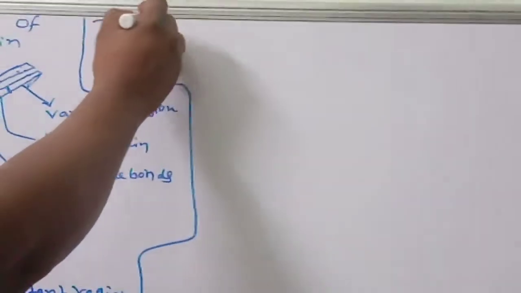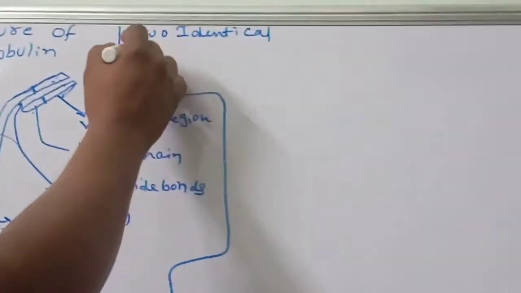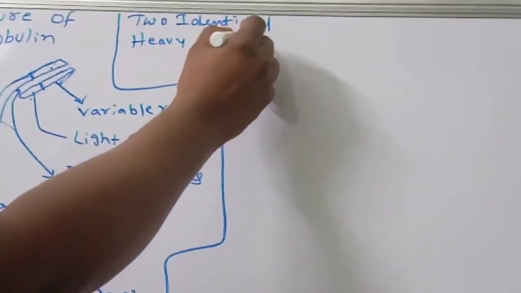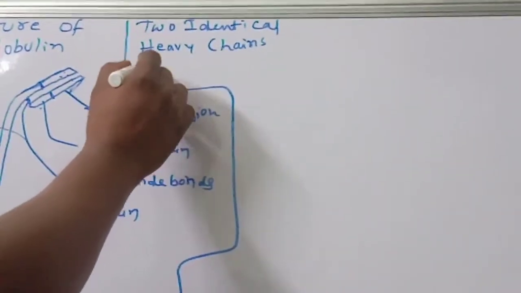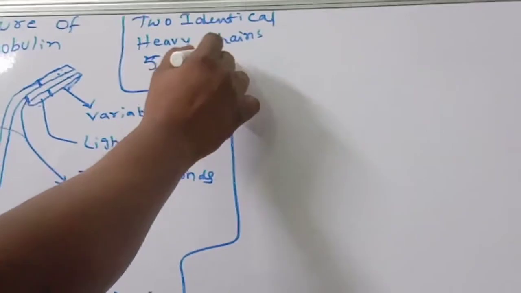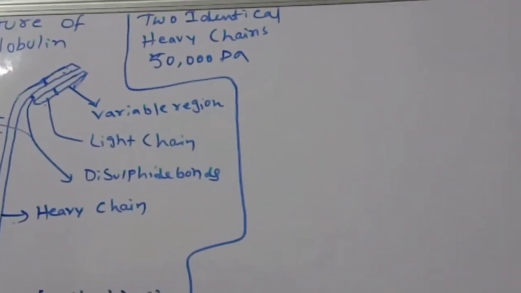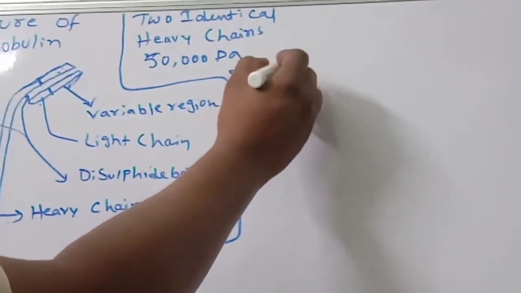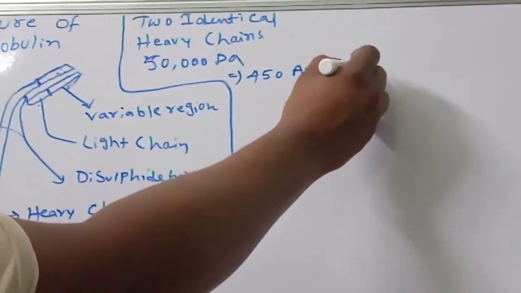Two identical heavy chains are also there. What is the molecular weight? 15,000 daltons, approximately 450 amino acids.